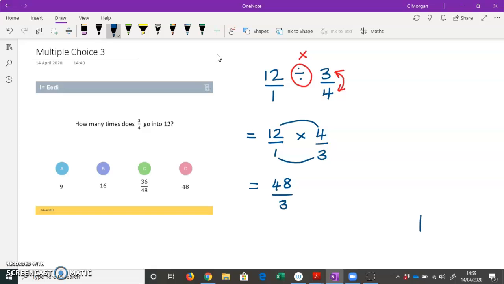I'm just going to check to see if 3 divides into 48, because I think somehow that it might. 3 divides into 4 once, with 1 left over, and 3 divides into 18 6 times. My answer should be 16. I can see that matches answer B.